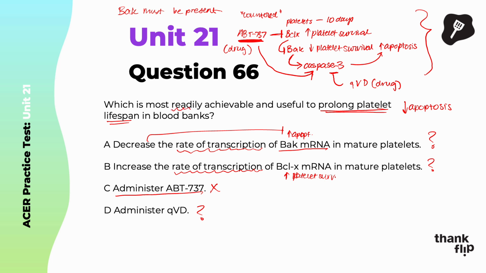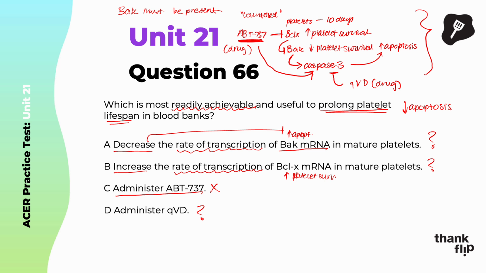Now we have the most readily achievable and useful. Okay, so looking at the rates of transcription, right? Decreasing and increasing the rate of transcription of a particular protein is very difficult.